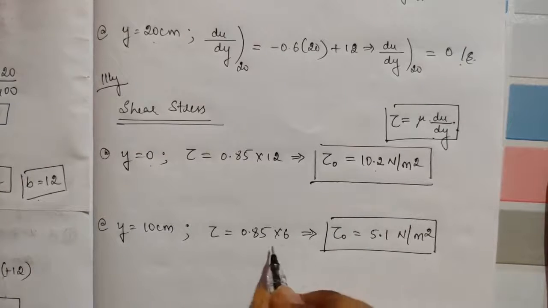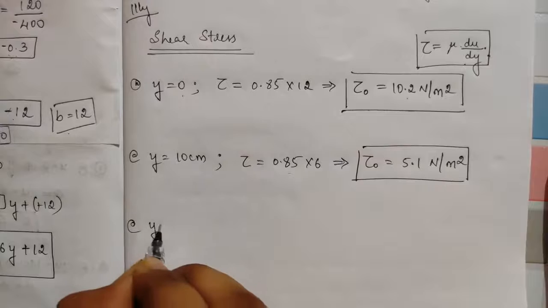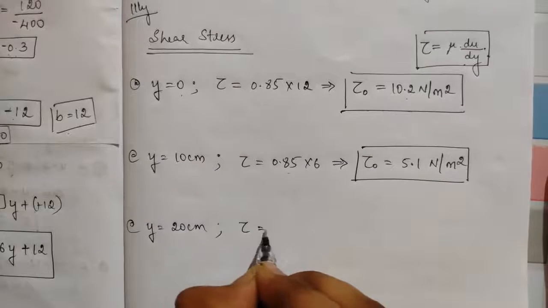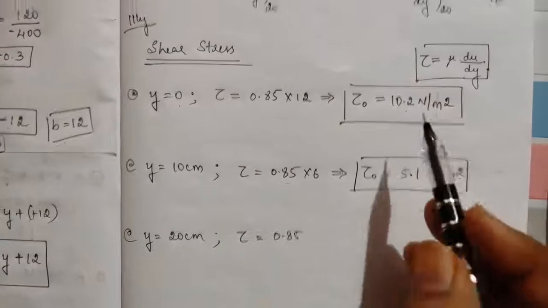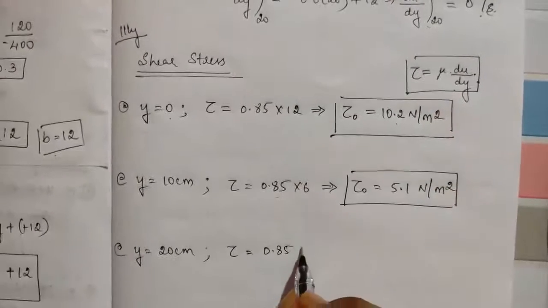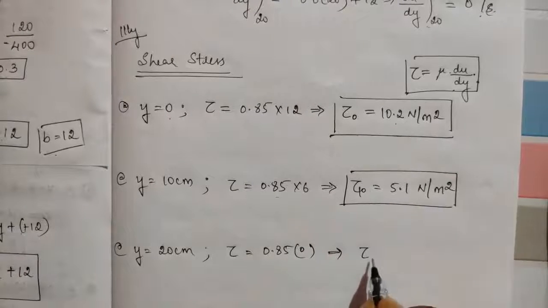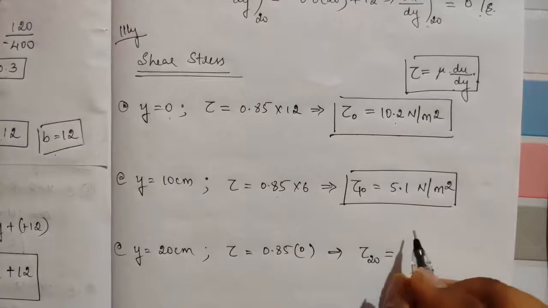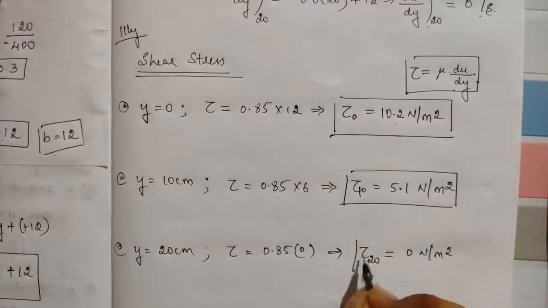If you want, you can calculate 0.85 into 6. At y equal to 20 centimeter, what will be the shear stress? It is 0.85 times du by dy, which is just 0. So at 20, the value of shear stress will be 0 Newton per meter square.